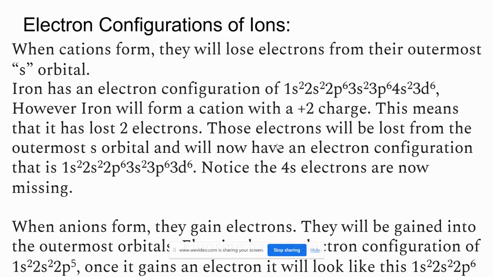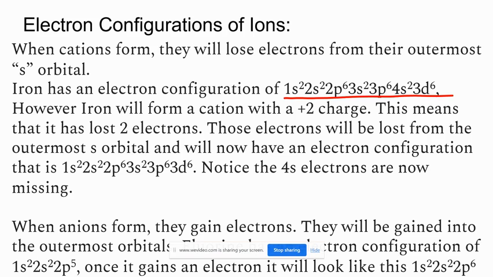When we're looking at ions, we talked about ions, remember? When you are dealing with ions, the cations will lose electrons from their outermost s orbital. So this is the electron configuration for iron. Iron forms a +2 charge.